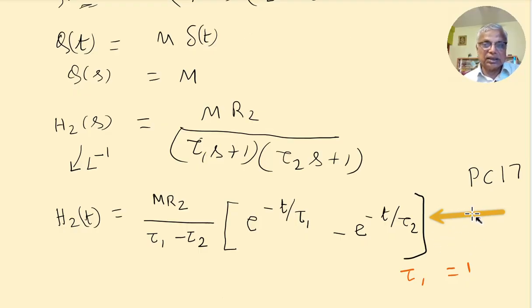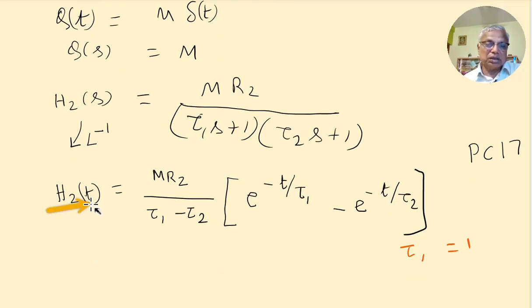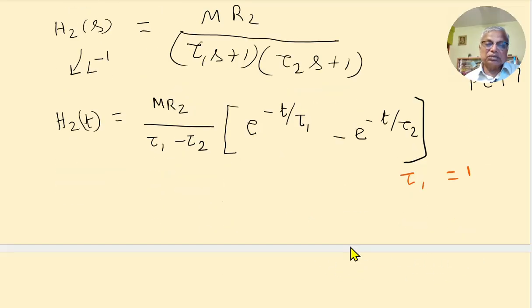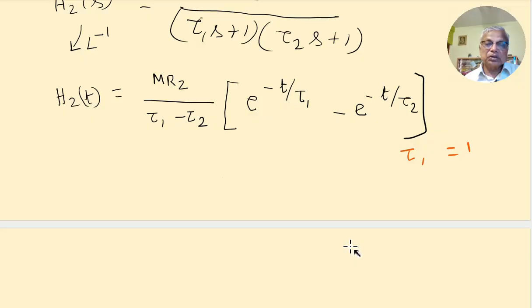Now let's get the response in terms of the actual level, small h2. Remember, capital letters represent the deviation variables. Let us substitute the constants. Tau 1 is 1, already found out. Similarly, what will be tau 2?